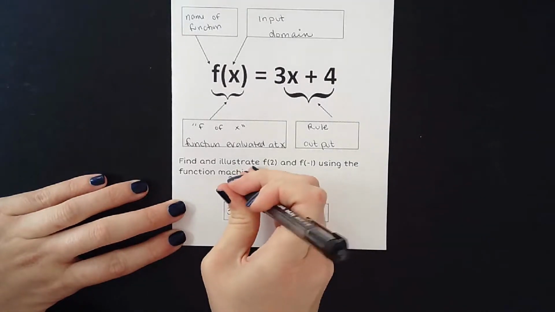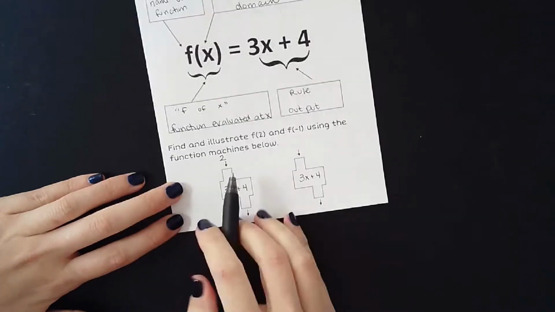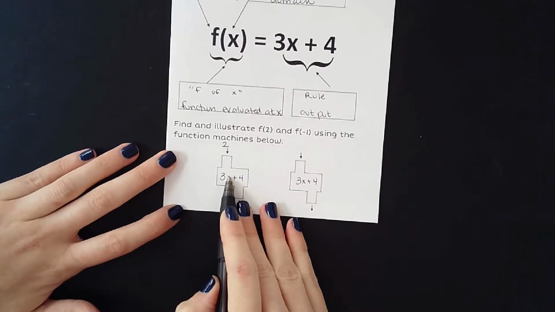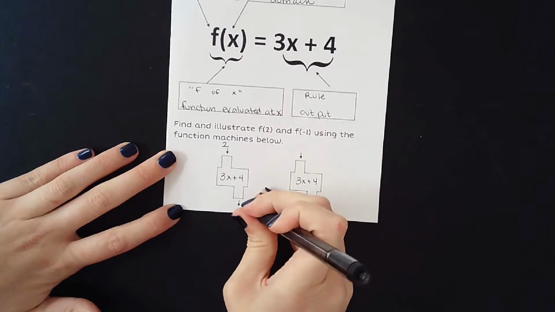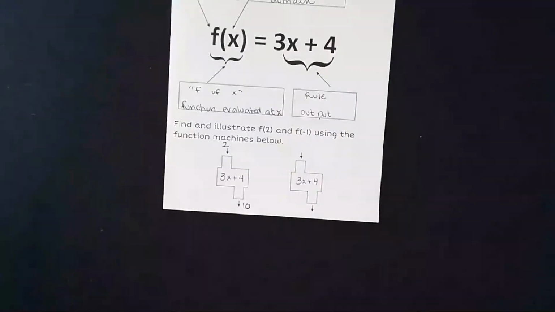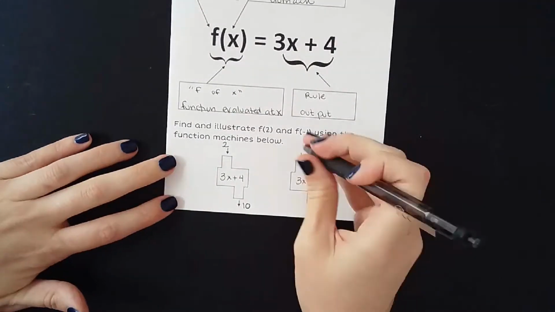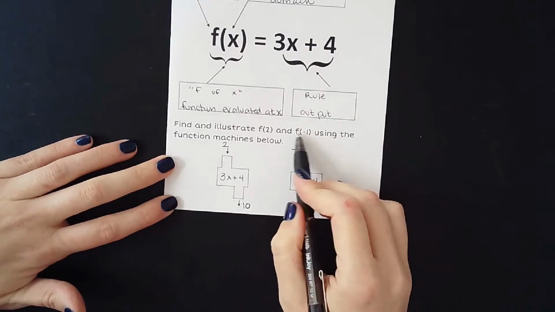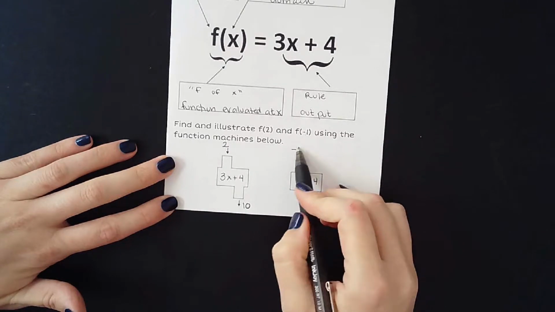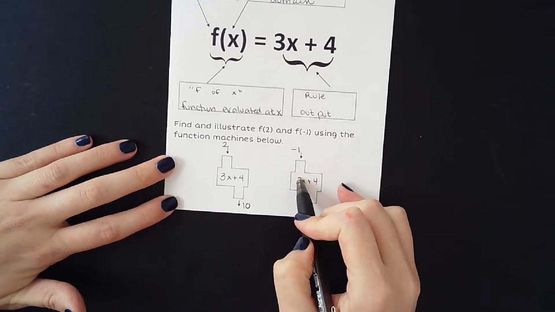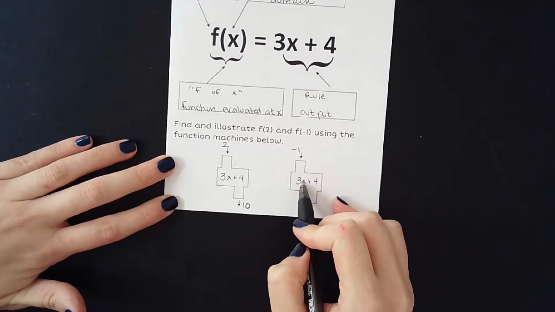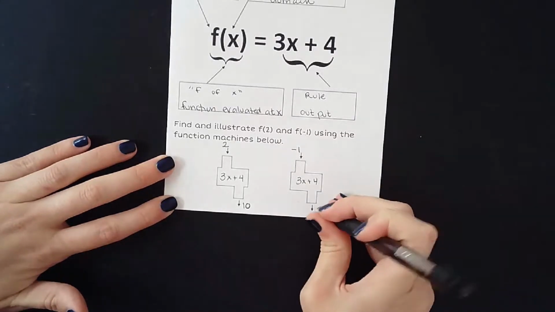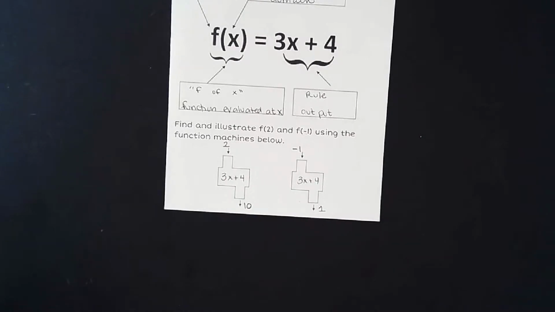So if I put in positive 2, I would be doing 3 times 2, which is 6, plus 4, would give me an output of 10. When I input -1 to find f of -1, -1 goes into the machine. I would do 3 times -1, which is -3, and then add 4 to get an answer of positive 1.